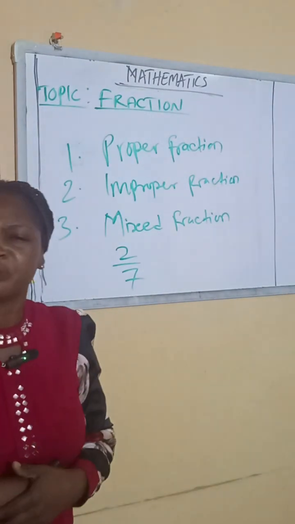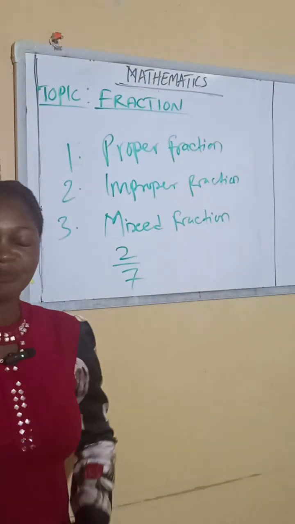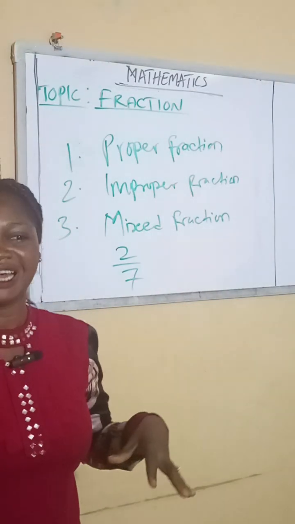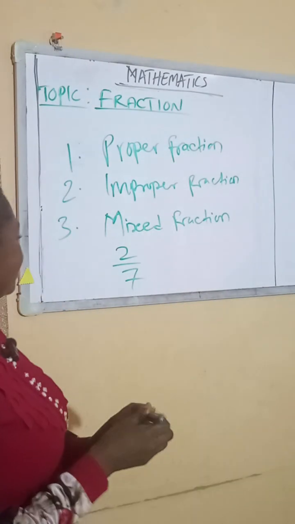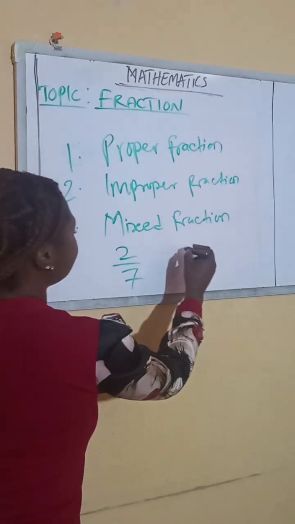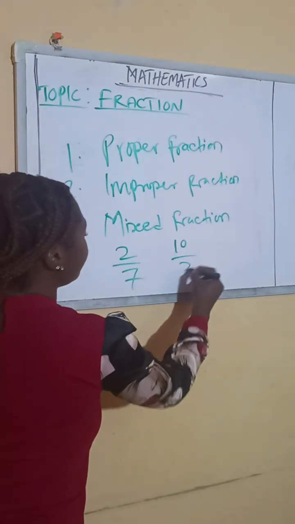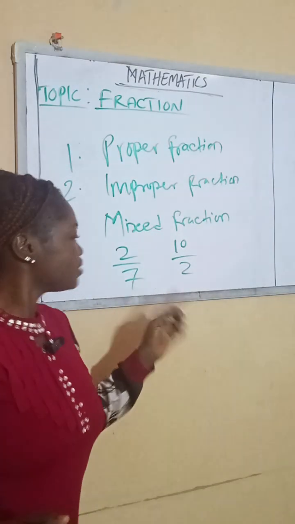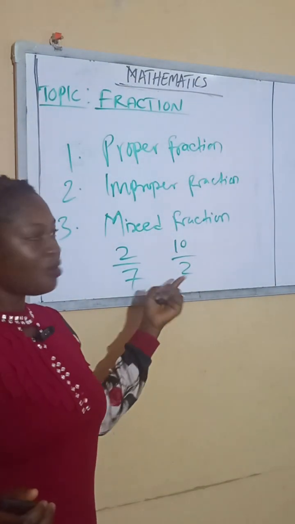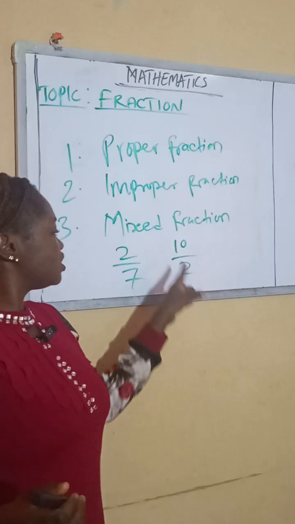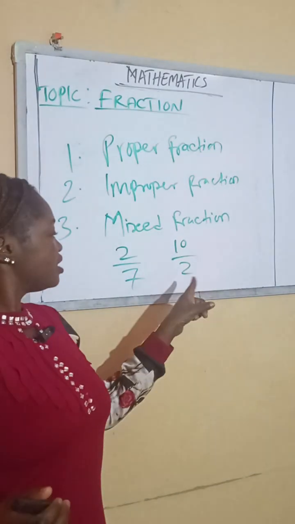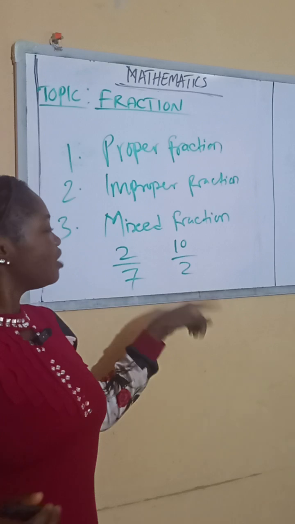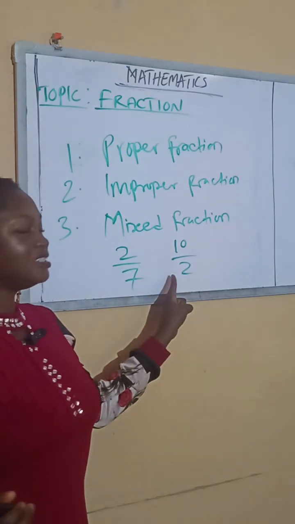And talking about an improper fraction, it is when the numerator is bigger than the denominator. For instance, we have 10 over 2, a bigger number over a smaller number. The smaller number is the bottom number, while the bigger one is the top number. The top number is the numerator, while the one down is the denominator. Now the numerator is bigger than the denominator.